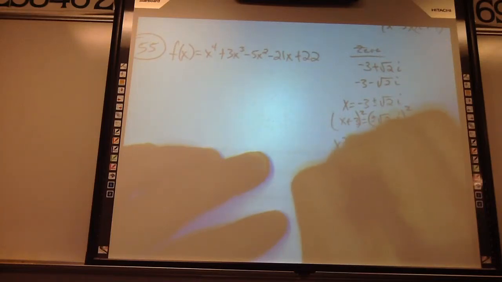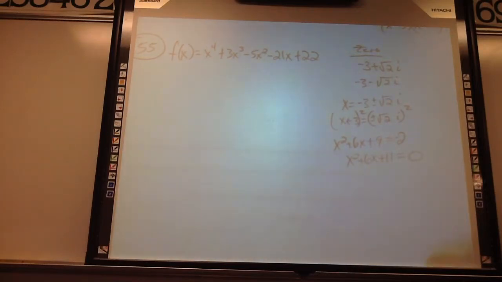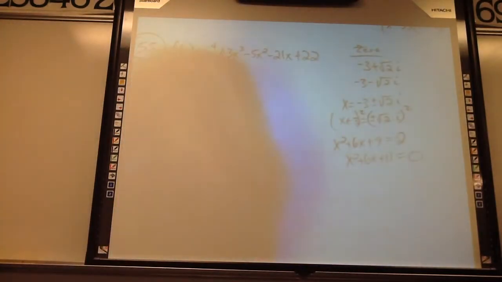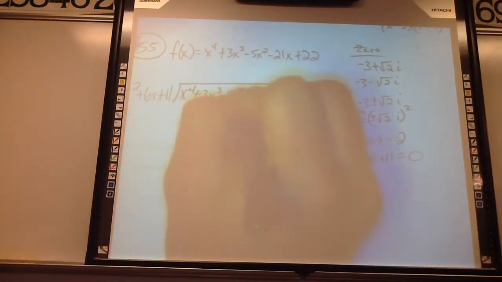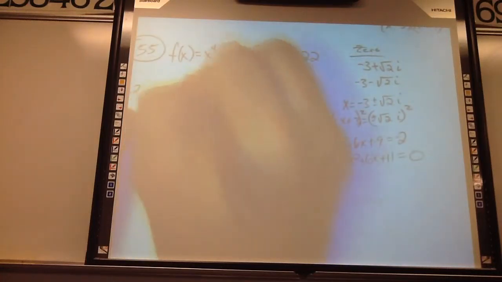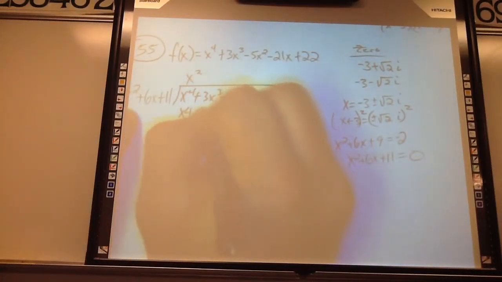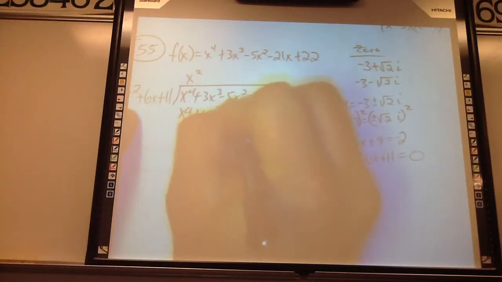So that's x squared plus 6x plus 9 equals square root of 2 squared is 2i squared, so it's negative 2, add 2. Divide by that. x squared. Subtract.